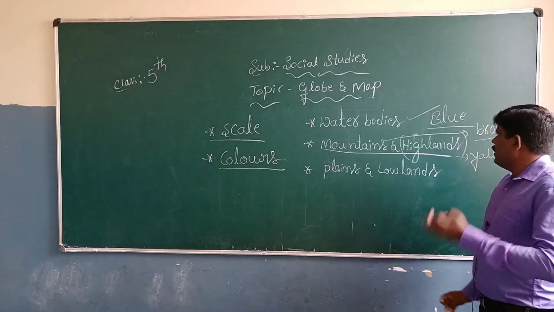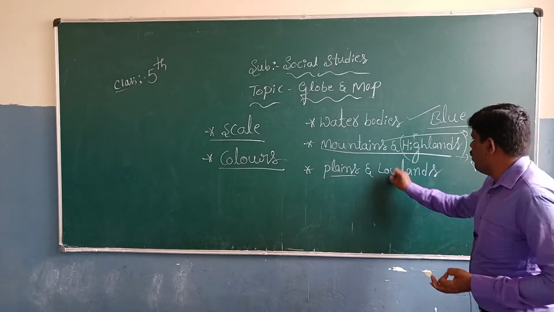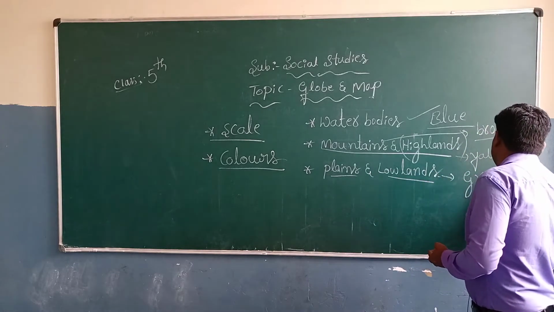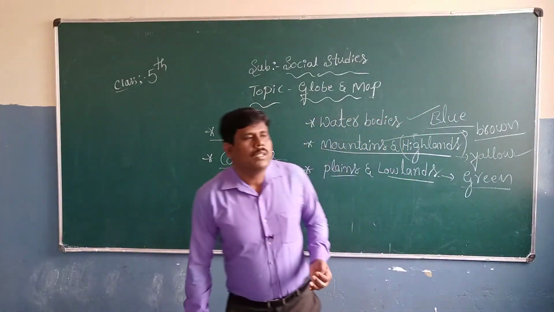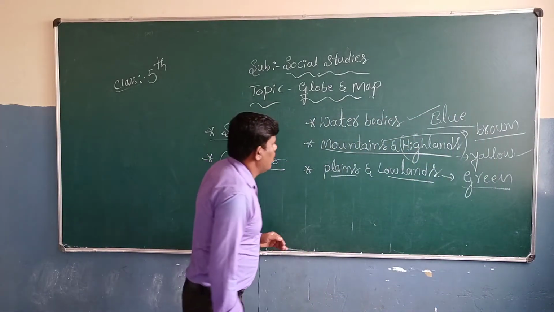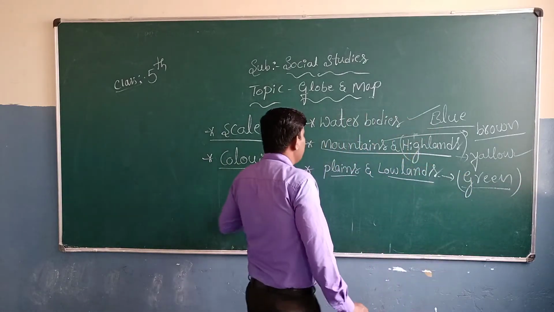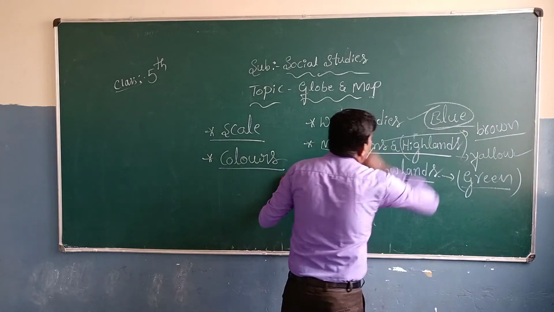Next, to show the plains and lowlands, use green color on the map. Water bodies are shown with blue color.